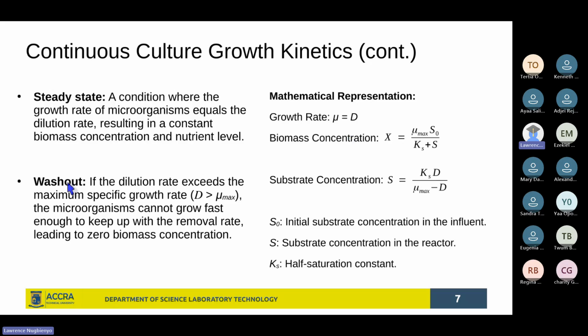And it also means that there isn't going to be production of the product you are looking for, because it is sort of just washing the system out, and everything is just moving in and going out, in, going out. The removal rate is higher than the growth rate.